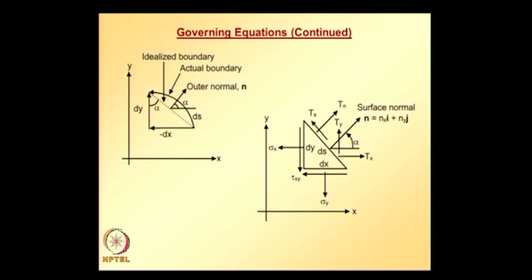The outer normal is also shown with respect to the idealized boundary. The length of the element is ds, which can be resolved into two parts with respect to the x and y axes, dx and dy, and alpha is the angle which the outer normal makes with respect to the positive x direction.